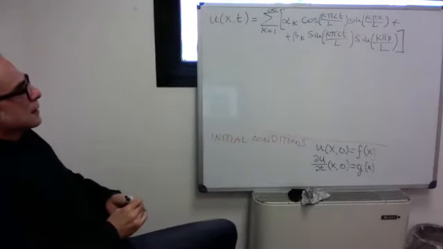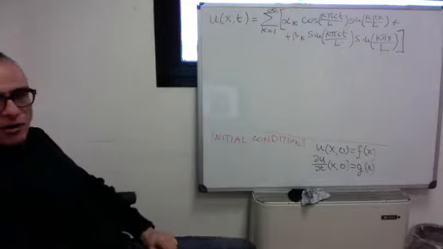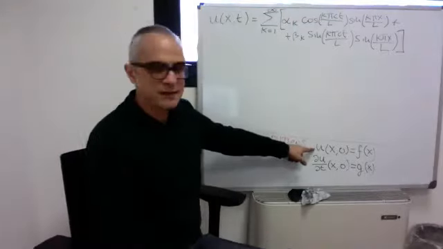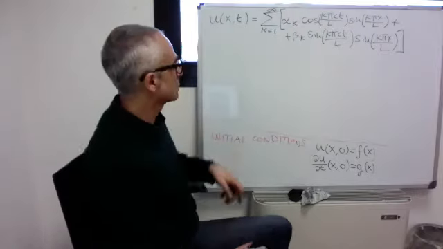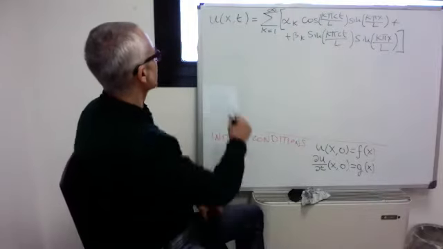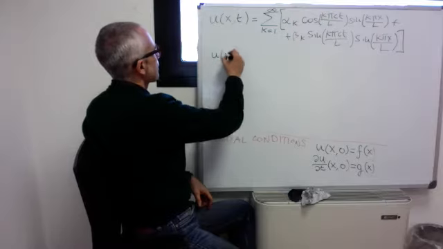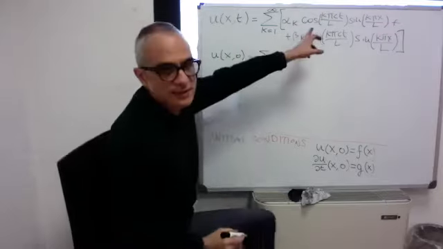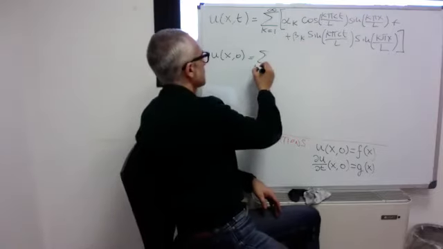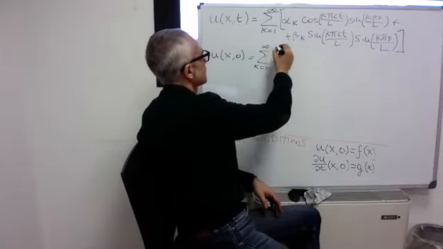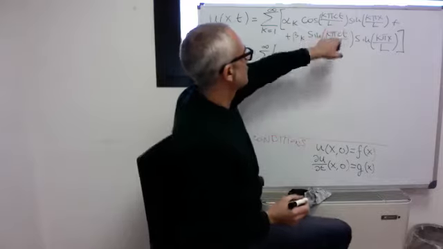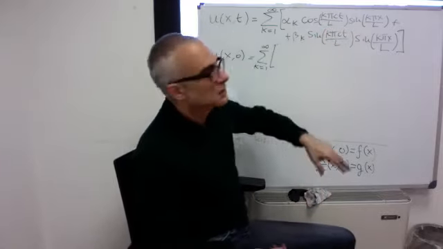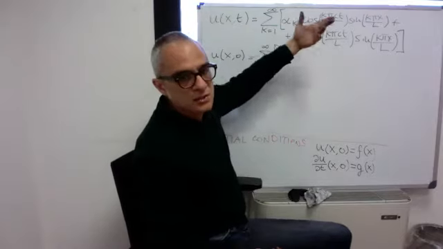So let's first think about the first initial condition. At time equals 0, the stuff inside the sum here can be simplified quite a bit, because if t is 0, this sine goes to 0, and the cosine is just 1.